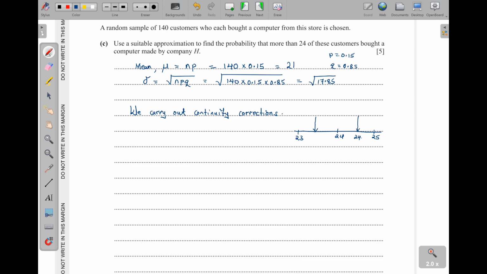This will be 24.5. When you round off 24.5, it no longer gives you the 24, but it will give you the 25. You see? So that is the upper bound, and then the lower bound here is going to be 23.5 here. When you round off this one and all the numbers that are here, they will all give you the 24. Now, this is the region for the 24.